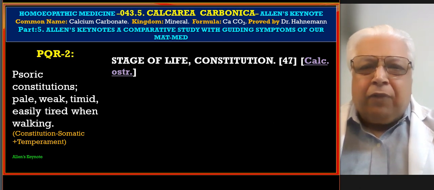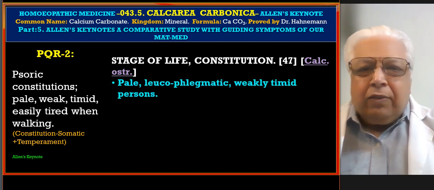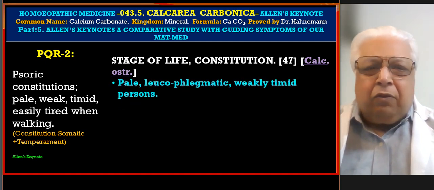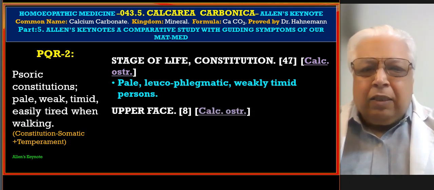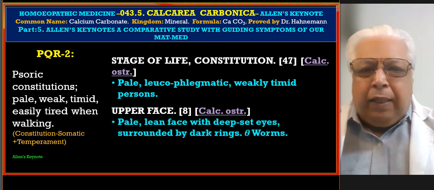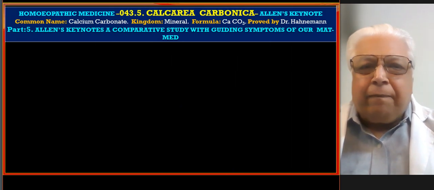Here we will compare from where the symptom has come: Stage of Life and Constitution, chapter 47. Second grade representation: pale, leukophlegmatic, weakly, timid persons. Upper face, chapter 8, we find pale, lean face with deep set eyes surrounded by dark rings.